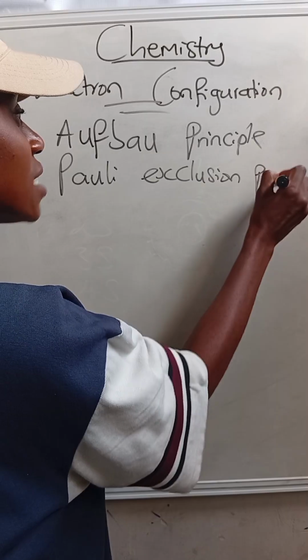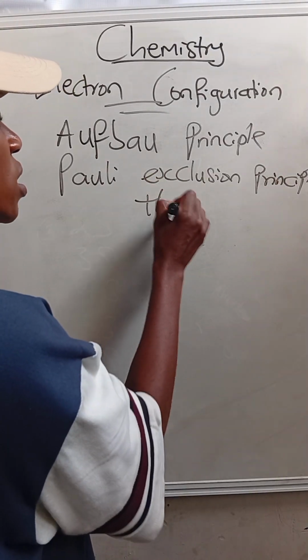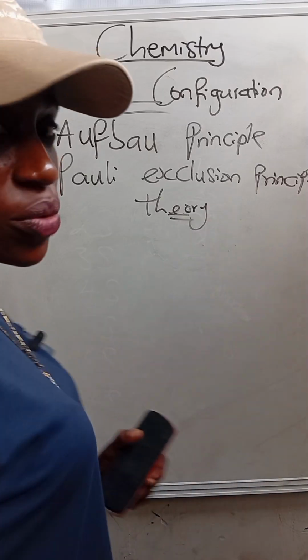In some textbooks, you see this as Pauli exclusion theory. Please don't confuse yourself.